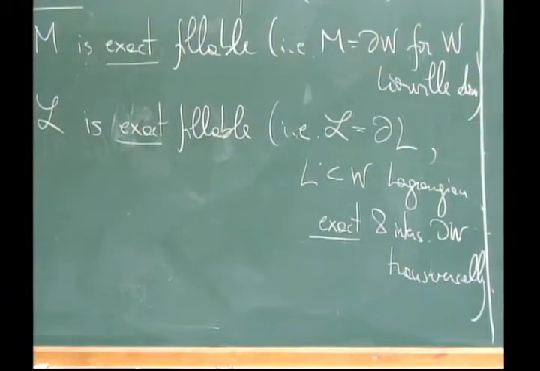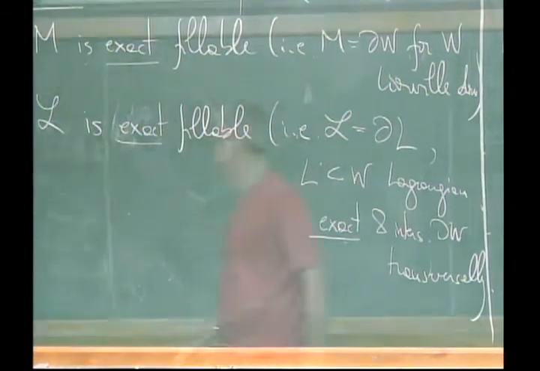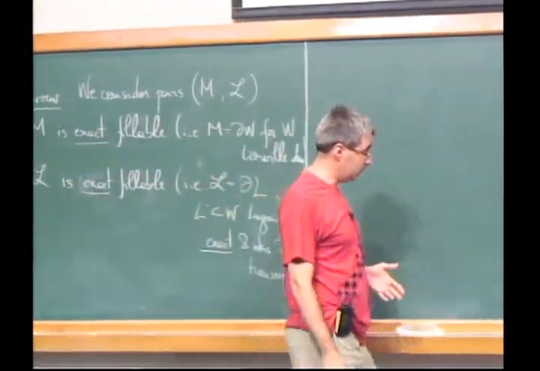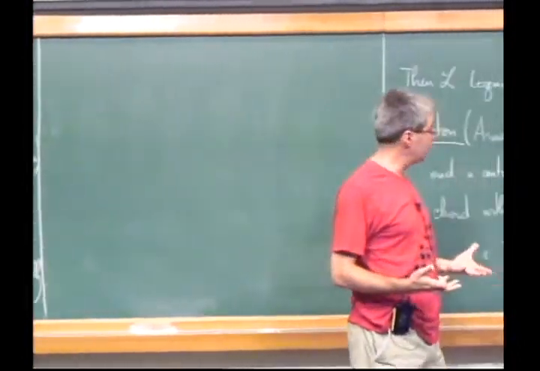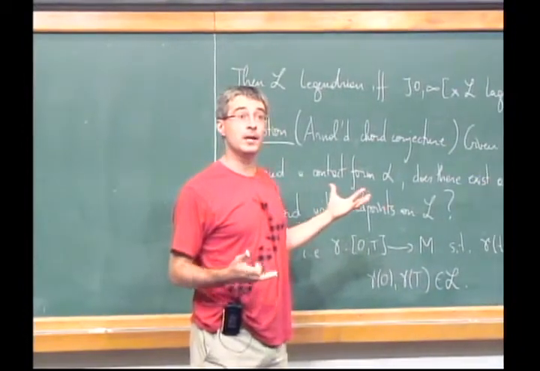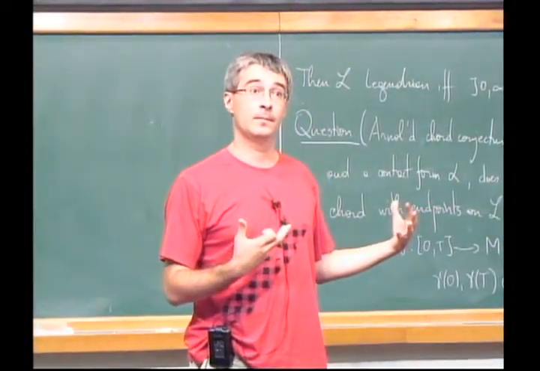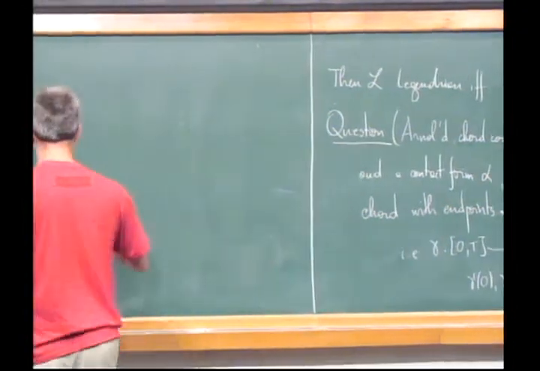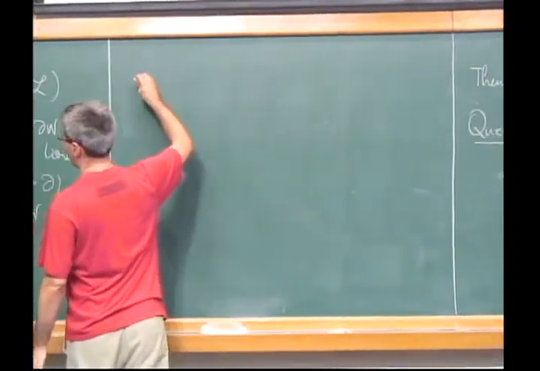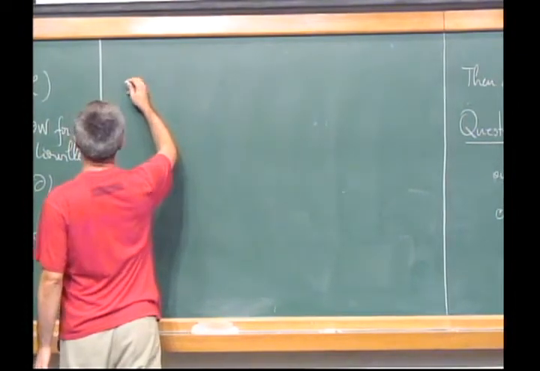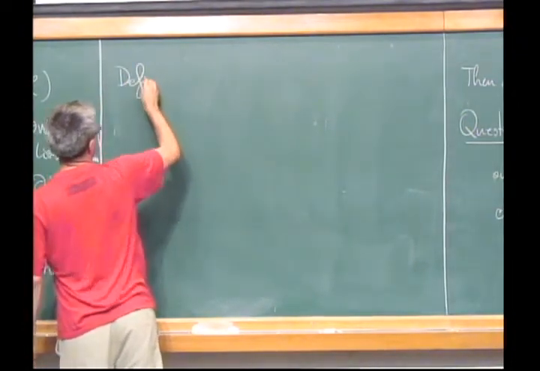Now there's a very simple way to exhibit Reeb chords inside a Floer type complex. And how do you do that? As a matter of fact, I think I can write a definition now.